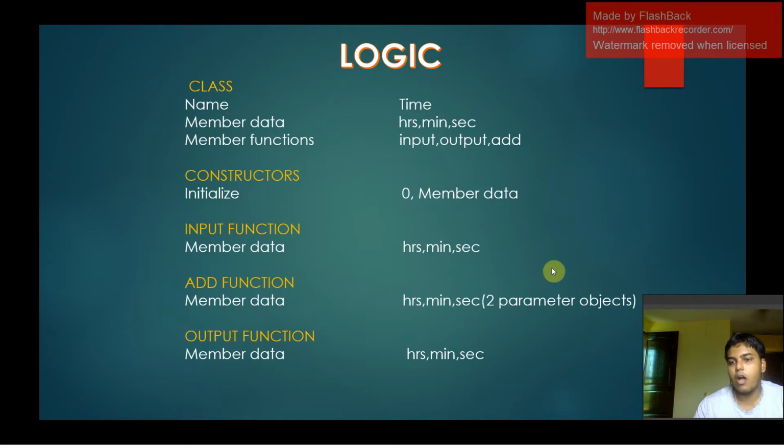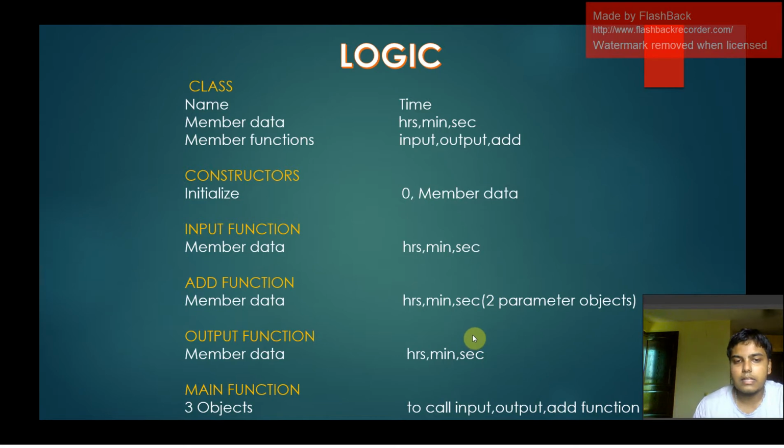So far we have seen only passing variables. Now we are passing an object itself to a function. So this is a new concept. Then in the main function, we will have 3 objects, which will connect all these concepts and functions. Now let us see the program.